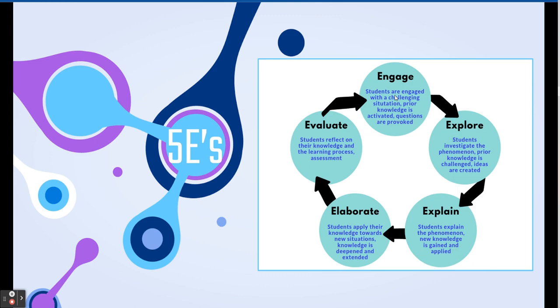In science, we call it an anchoring phenomenon, but you start with an engagement piece, and then you allow students time to explore on their own. This is where some of that inquiry comes in: are they exploring something you've provided, or are they on their own to answer the questions activated by the engagement piece?